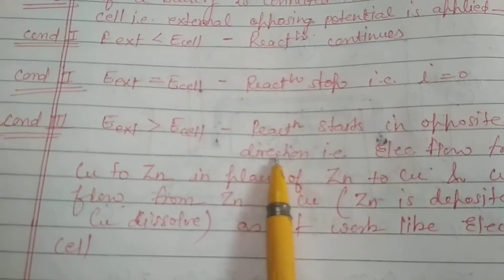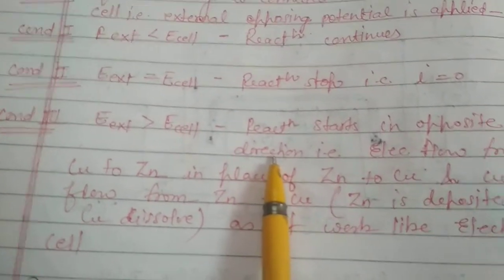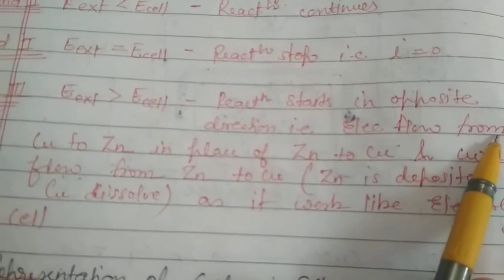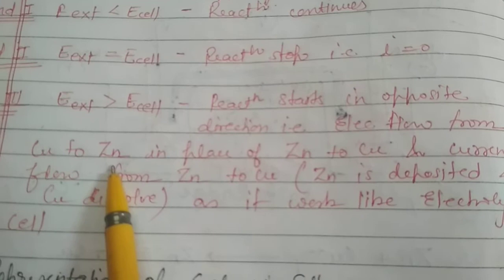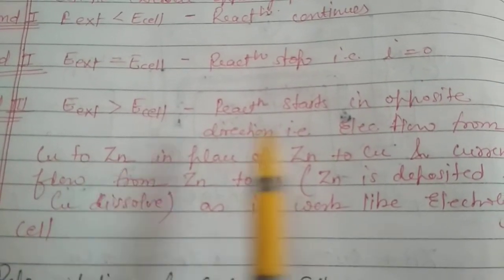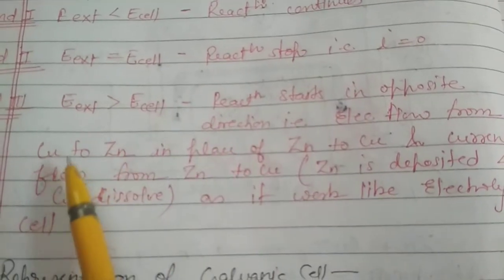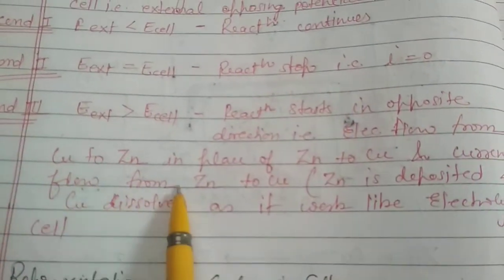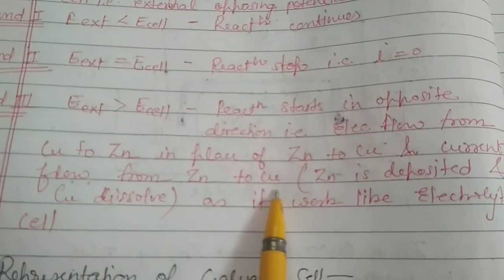It means now the electron will flow from copper to zinc. What we have seen in the voltaic cell is that the electron flows from zinc to copper, but now it will be from copper to zinc. It means the flow of current would be from zinc to copper.